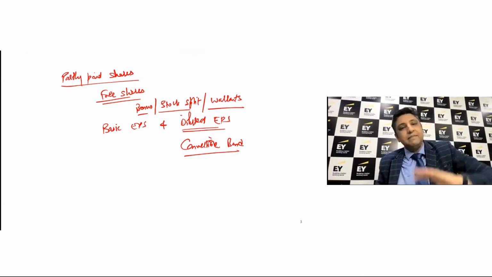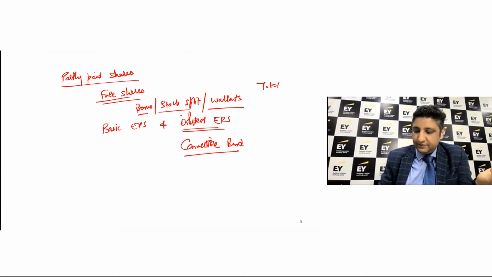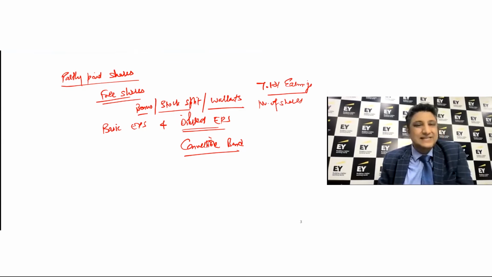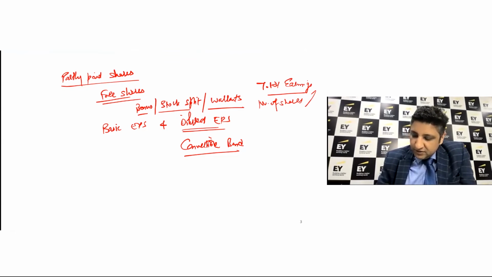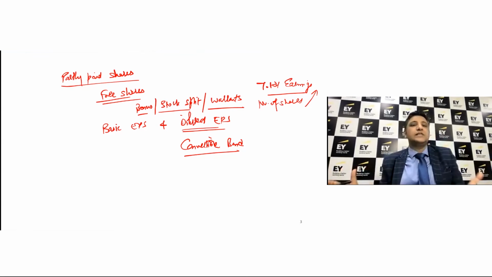And if it is becoming a share in future, the denominator of that EPS, the calculation of EPS, is basically my total profit or total earnings divided by the number of shares, in very simplistic language. So in future, if the number of shares increases, that will dilute the earnings per share.